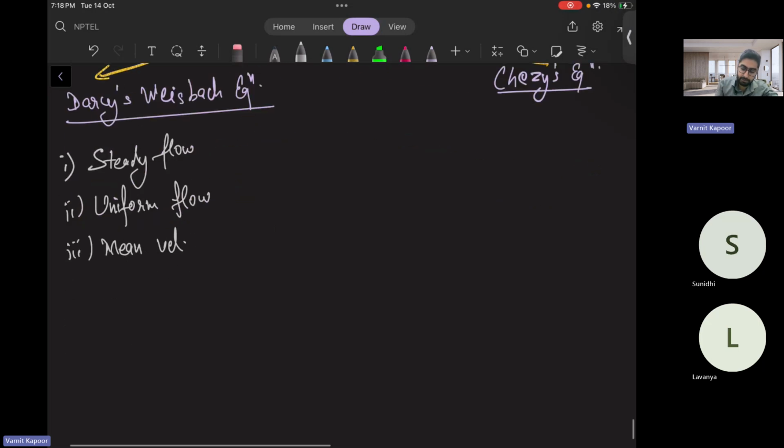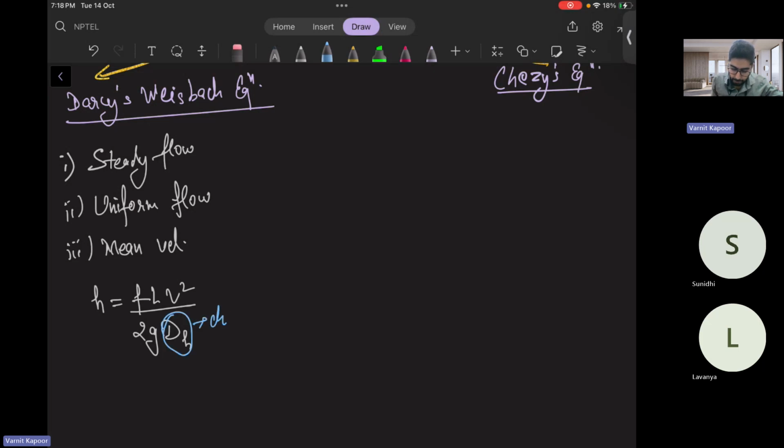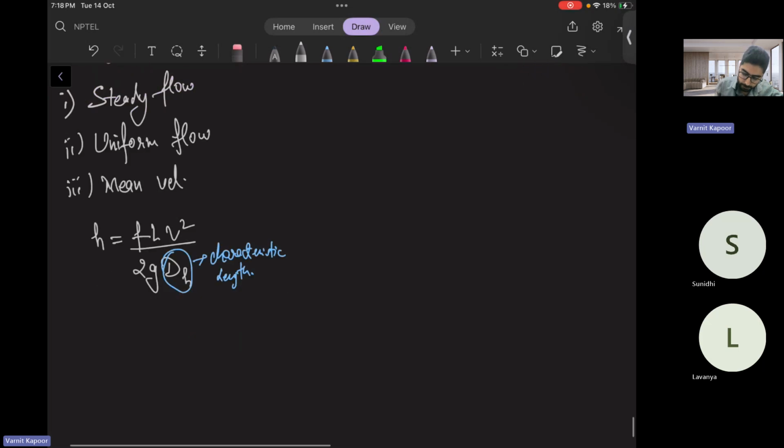For all the pipe flow relations, we have seen that h was nothing but flv square by 2g d_h. d_h is your characteristic length, and capital L is your length of flow. For a circular pipe, d_h is nothing but your diameter.